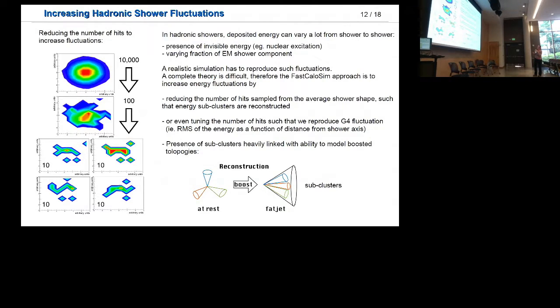Here we try to tune this n hit parameter to get enough randomness, enough fluctuations in the shower shape. If we draw lots of hits from the shape, we get something regular, and when we reduce the number of hits, we get something irregular, and these substructures emerge. And we think this is also an important ingredient in order to model boosted jets.